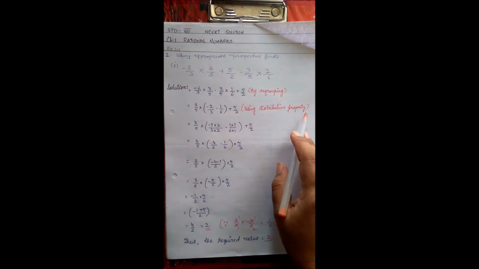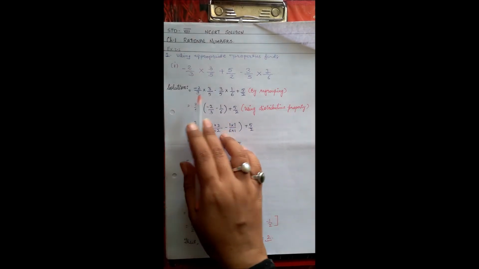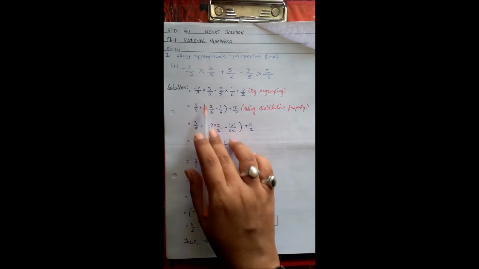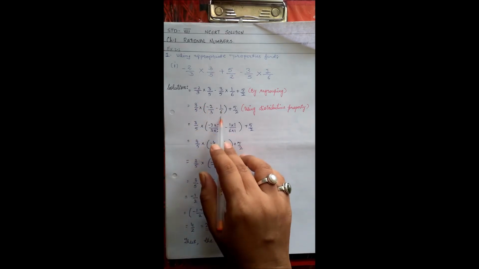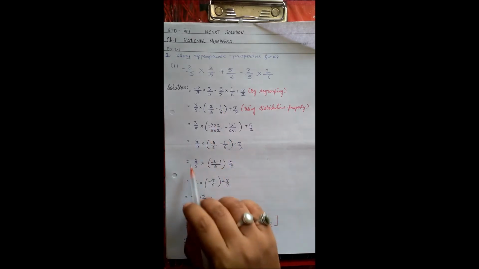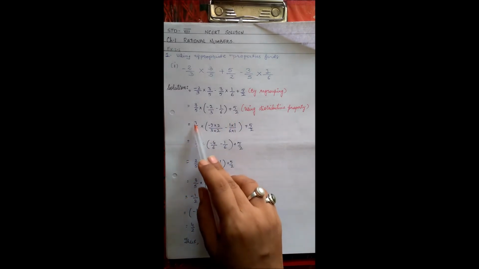Now using the distributive property, we can take 3 upon 5 as common. So it will be, remains minus 2 upon 3 minus 1 upon 6 and plus 5 upon 2. So 3 upon 5.